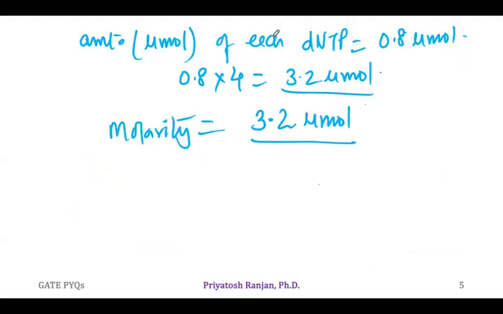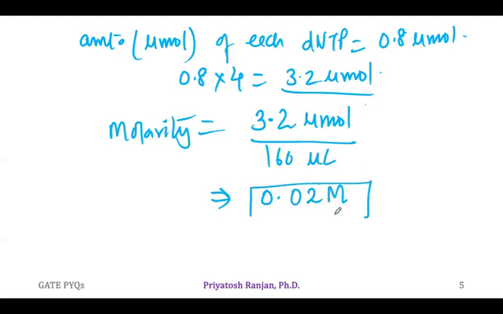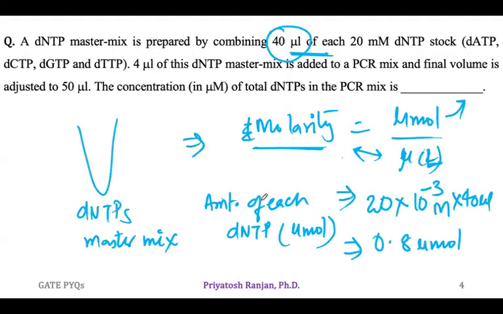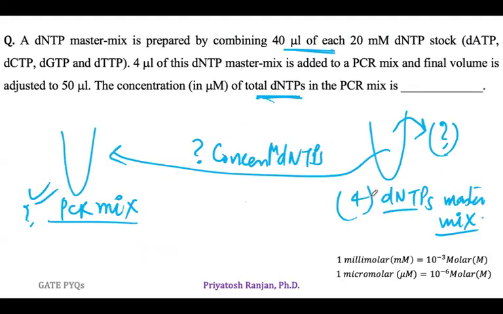So the total volume is going to be 160 microliter, and the value is going to be 0.02 molar. So the concentration of all the 4 dNTPs in the dNTP master mix is 0.02 molar. But this is not the final answer, because I'm taking 4 microliter.